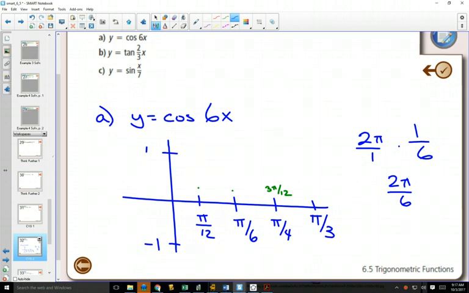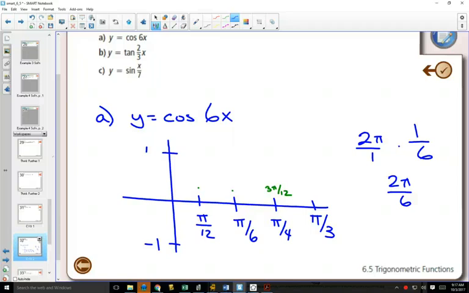So again, when figuring these out, we find our period first. It's easy to cut it in half. It's easy to cut it in half again, and then you can count by pi over 12s in this case to find out the third one is 3 pi over 12 or pi over 4.